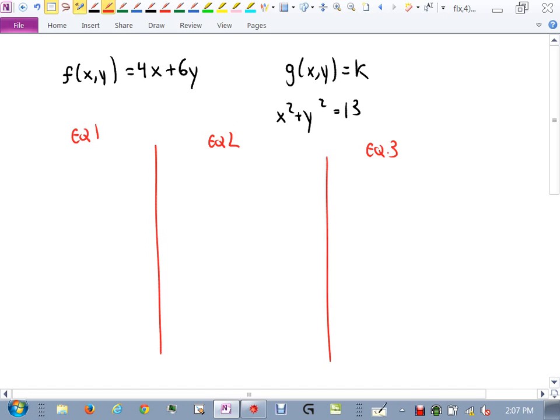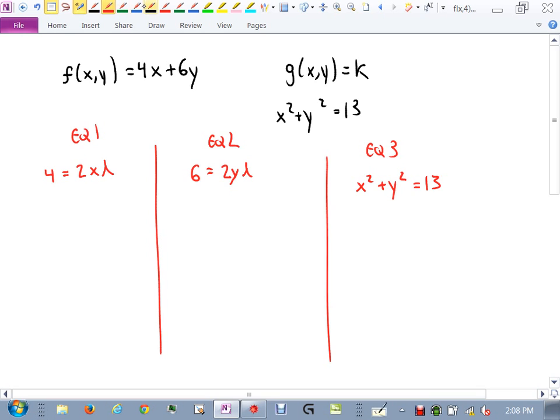Okay, what would equation 1 be? Four equals 2x lambda, or 2 lambda x, doesn't matter. 6 equals 2y lambda. And the last equation, x squared plus y squared is 13.